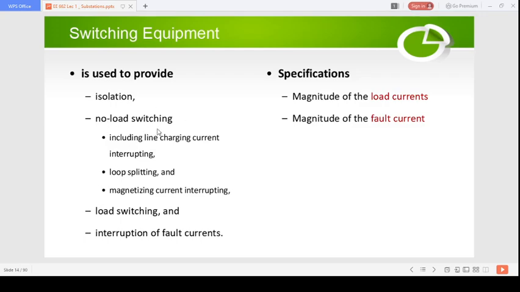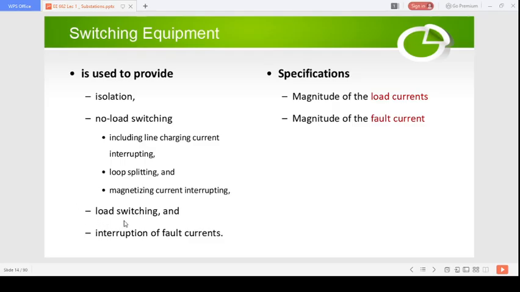No load switching includes line charging current interrupting, loop splitting, and magnetizing current interrupting. These equipments are not designed to switch the load current. When we discuss the different equipment, you will understand the difference.